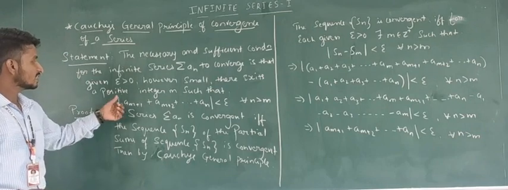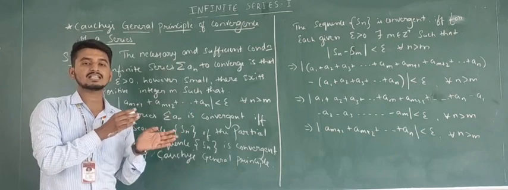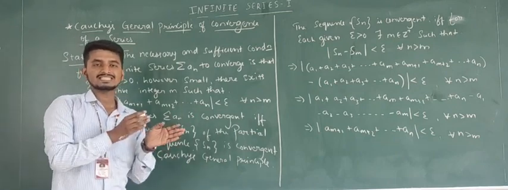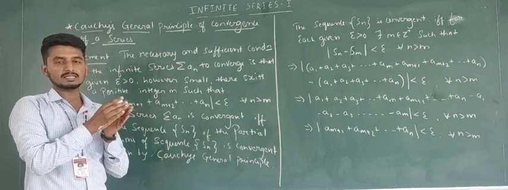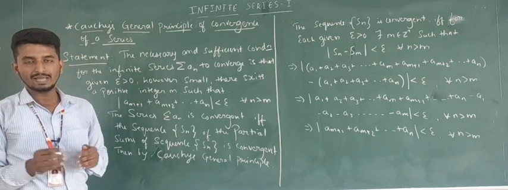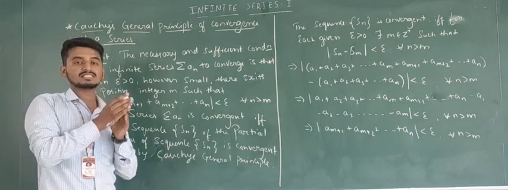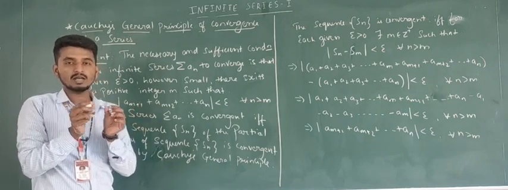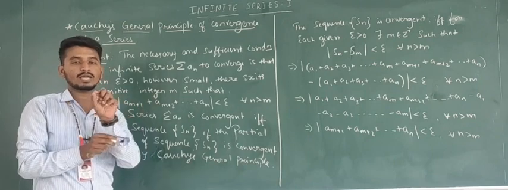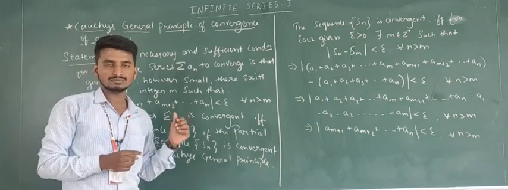When we consider this positive integer m, we have the sequence a1, a2, a3, so on up to an. In the series a1 plus a2 plus a3 up to an, somewhere in the middle we will have the term m.